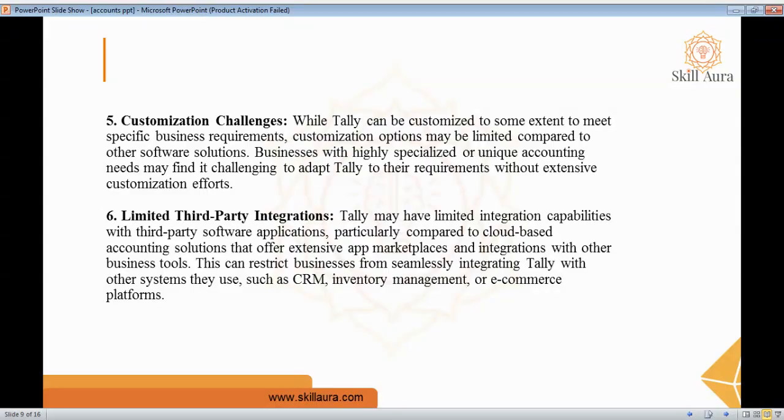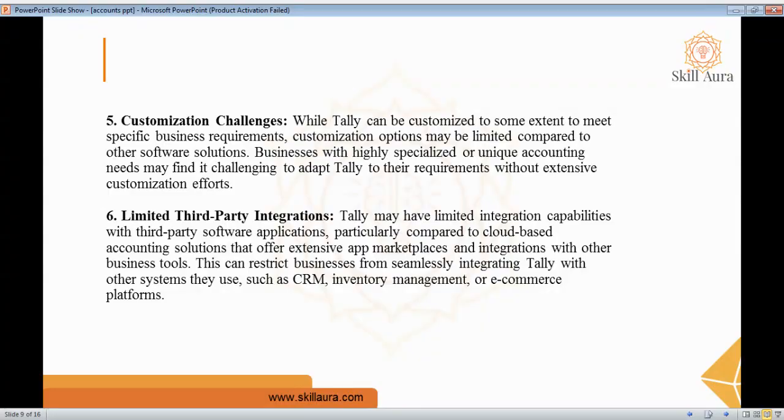So, while Tally can be customized to some extent to meet business requirements, customization options may be limited compared to other software solutions. Businesses with highly specialized or unique accounting needs may find it challenging to adapt Tally to their requirements without extensive customization efforts. So let's have an example for this.